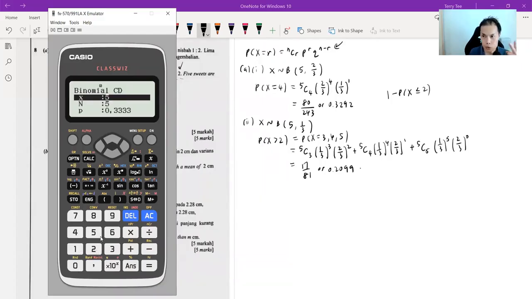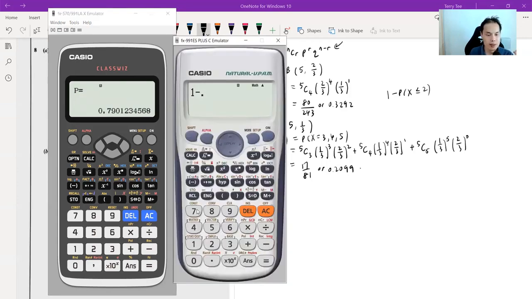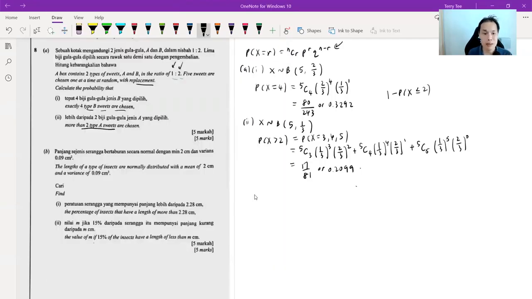I want up to 2, so my x is 2, my n is still 5, my p is still 1 over 3. But I need to do 1 minus the answer, 1 minus 0.7901. Guess what? You get the same answer, 0.2099. So there are many ways you can calculate this.